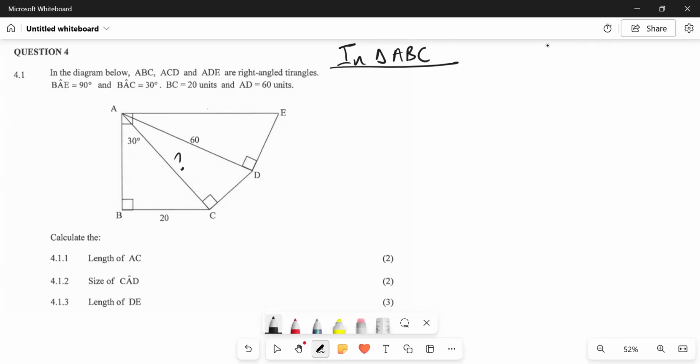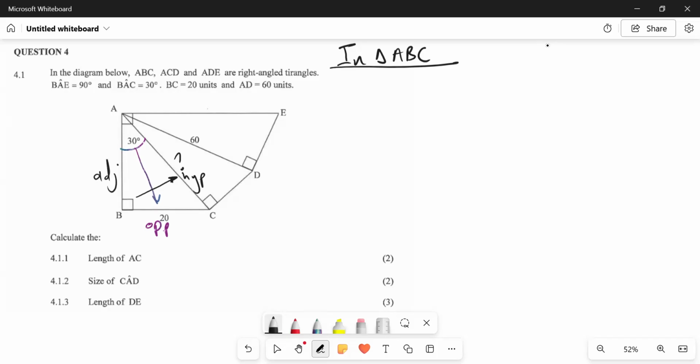Now, in triangle ABC, what happens now? Let's analyze together. We are given your actual angle, which is 30, but that actual angle is opposite to this side BC, which makes it the opposite side. And then our 90-degree angle is opposite to this side, which makes it the hypotenuse. And then automatically this becomes our adjacent.